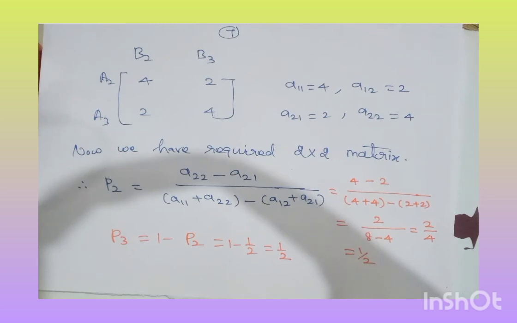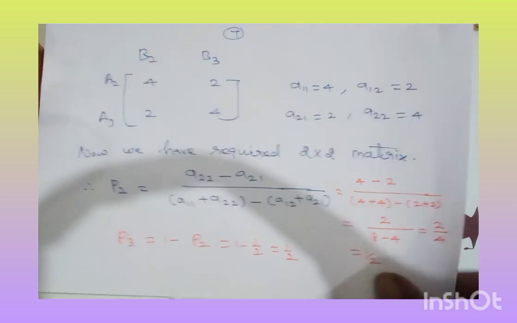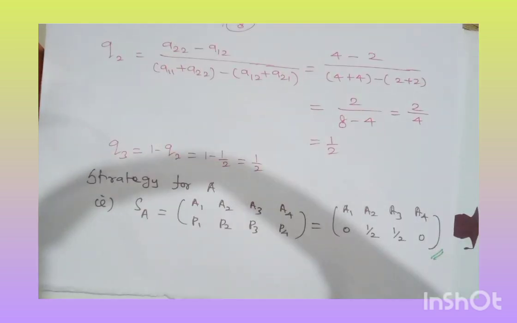Similarly, find Q for B, the column wise strategy. Q2 equals A22 minus A12 divided by A11 plus A22 minus A12 plus A21. Substituting again, Q2 is also 1 by 2, and Q3 is 1 minus Q2, equal to 1 by 2.